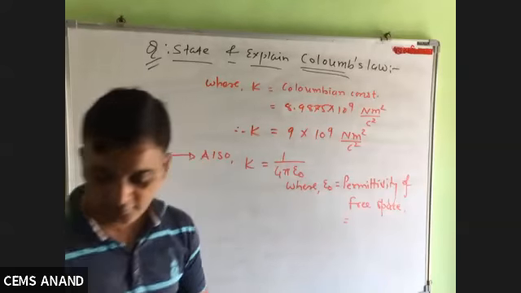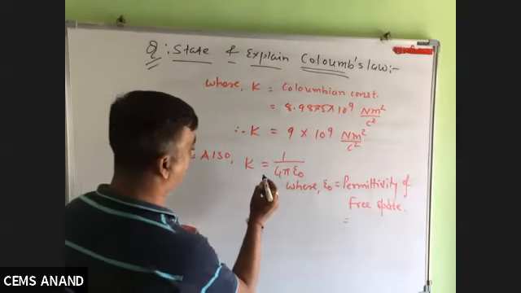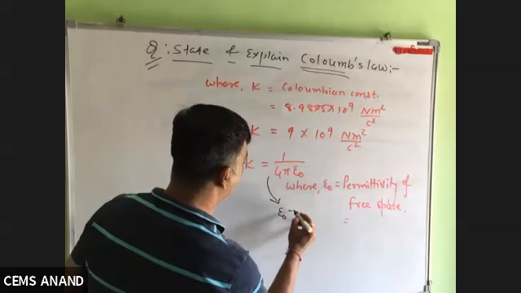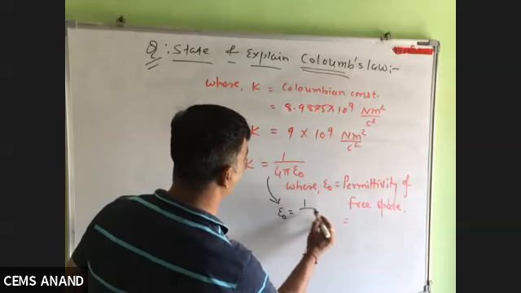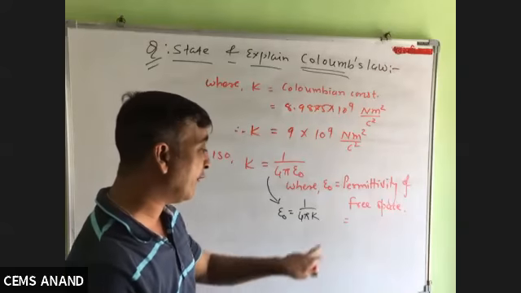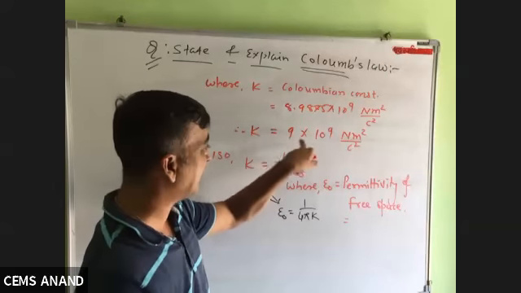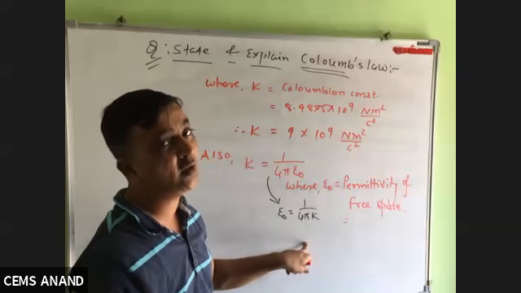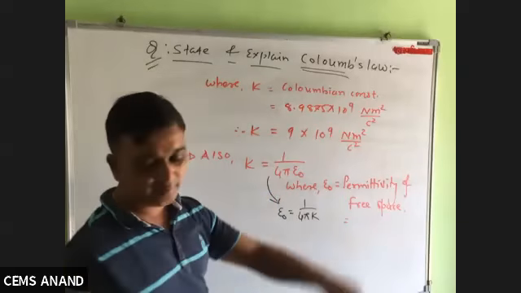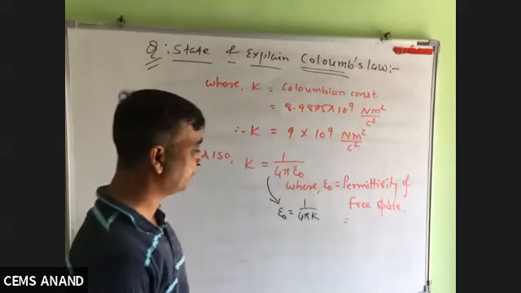So let me show you that method also. From this formula, we can write epsilon 0 is equal to 1 upon 4 pi k, right? And we know the value of k now. It is 9 into 10 raised to 9 for numerical purposes, or we can use 8.987 also.